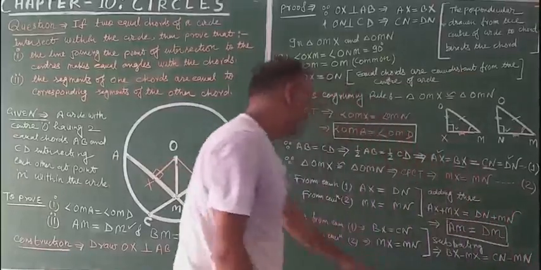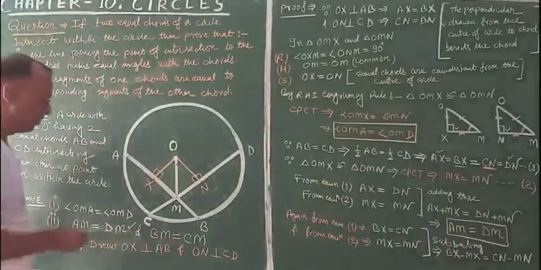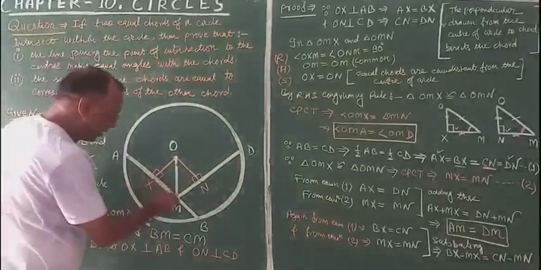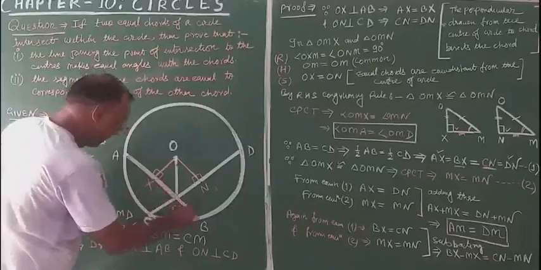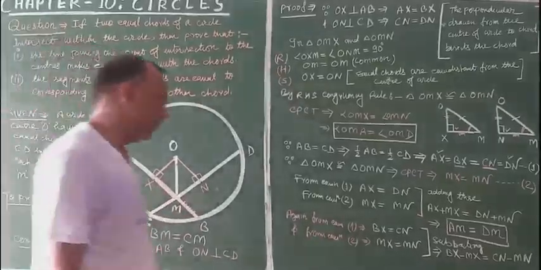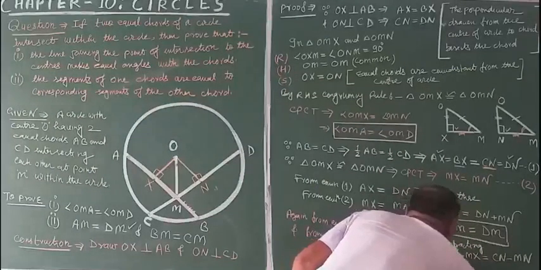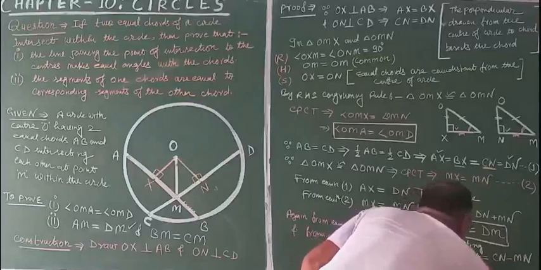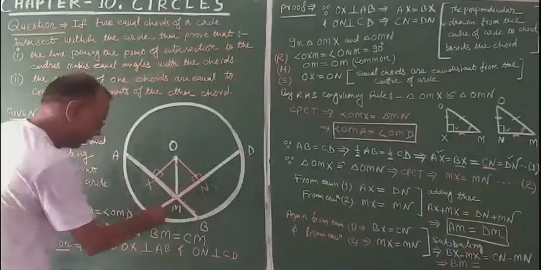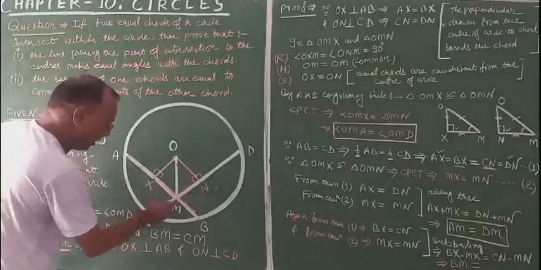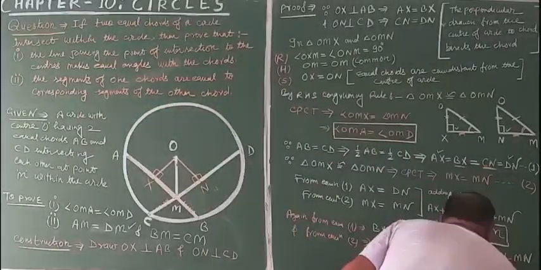Now just look here. BX minus MX, BM. What will you get? BM is equal to CN minus MN. CN minus MN. What will you get? That is CN.